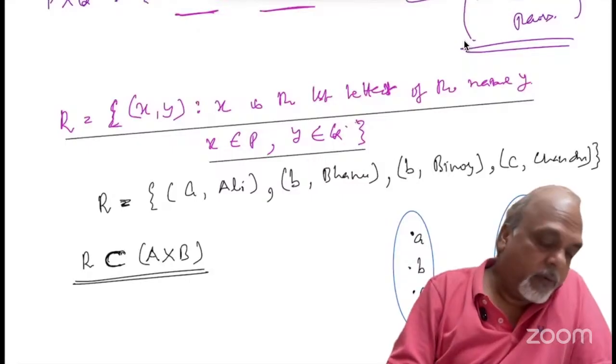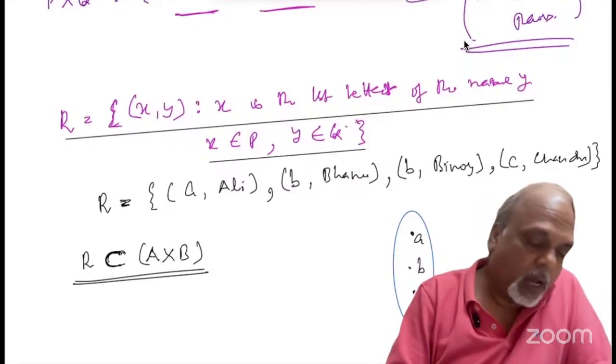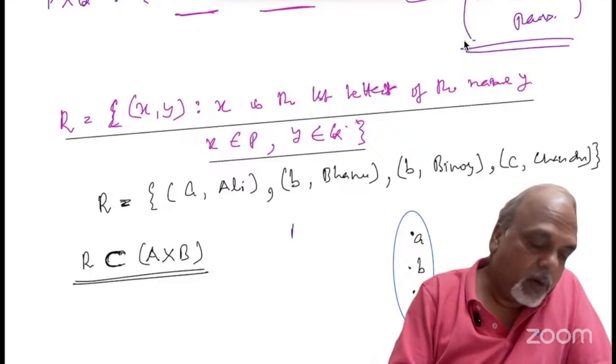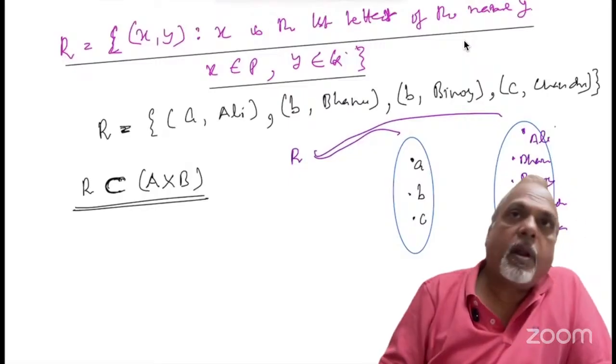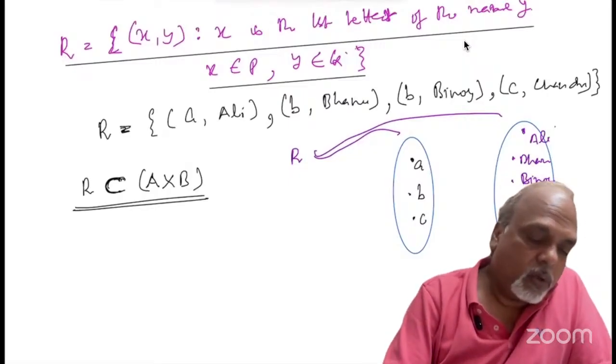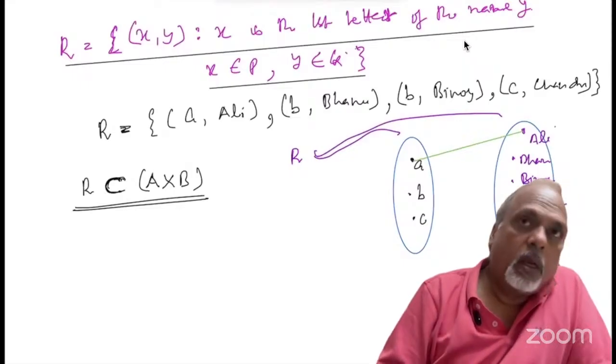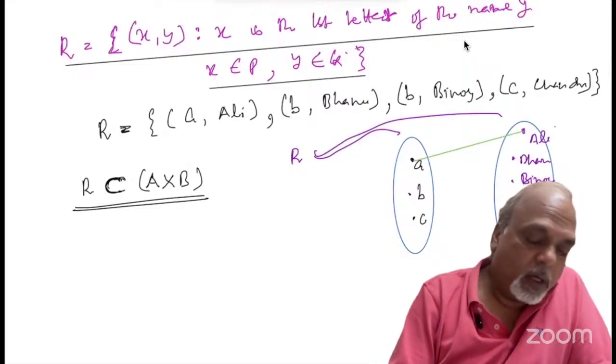So, if we define this relationship R in between these two, then Ali belongs to A, then B is Bhanu and Binoy. C is of course.